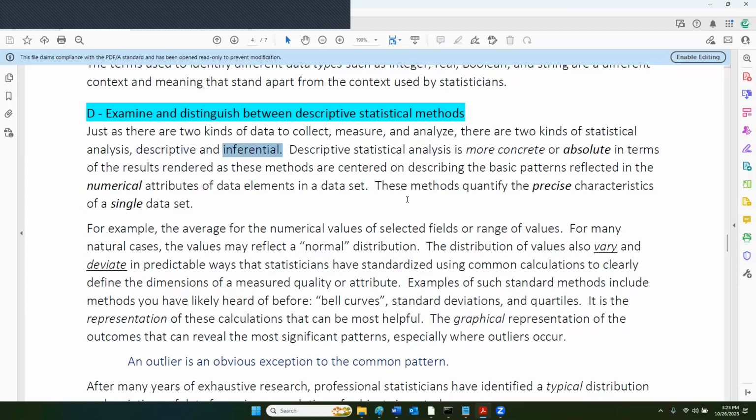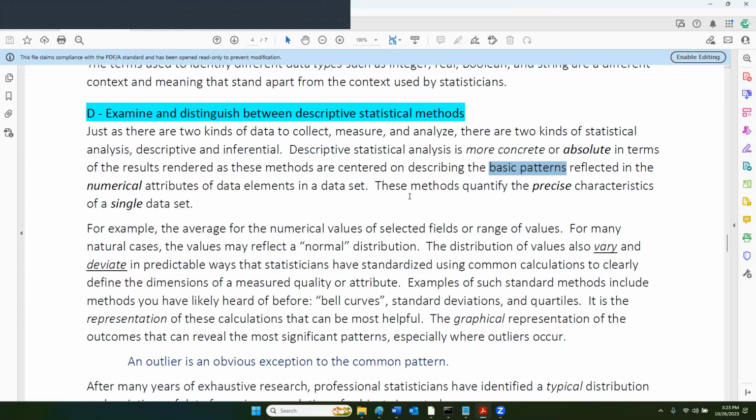Descriptive statistical analysis is more concrete or absolute in terms of the results that are rendered. These are methods that are centered on calculations with numbers, right? And you can graph results, and then the graphs reveal basic patterns in the numerical data, right?